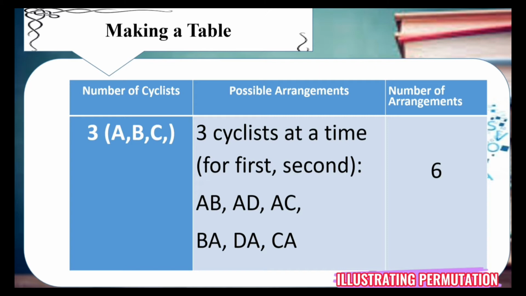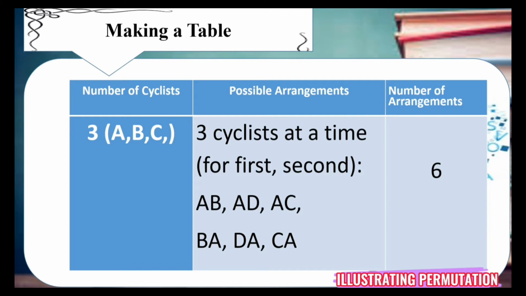In the given problem, there are 3 cyclists. Suppose these 3 cyclists are cyclist A, cyclist B, and cyclist C. For the second column, list down all the possible arrangements. For example, cyclist A first, cyclist B second; cyclist A and cyclist C as first and second respectively.